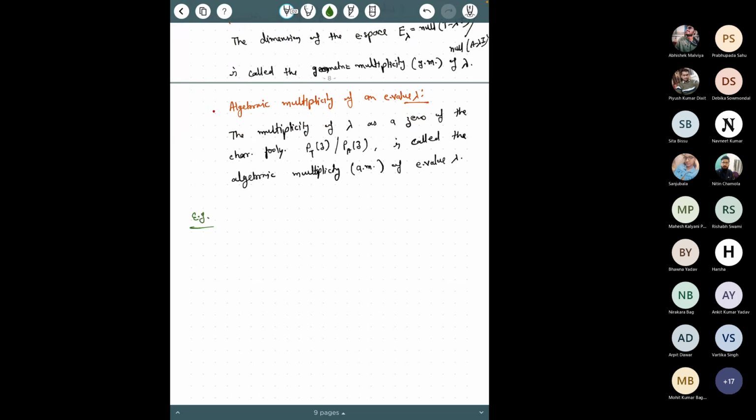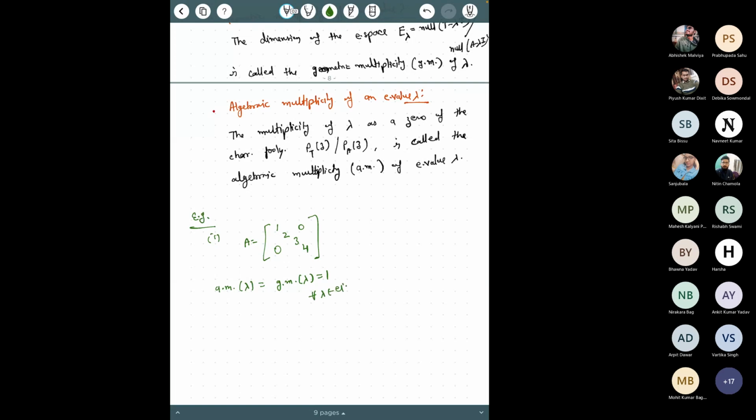They are the diagonal entries. If lambda is an eigenvalue of this A, what is the geometric and algebraic multiplicity of that lambda? It is 1 for each eigenvalue.